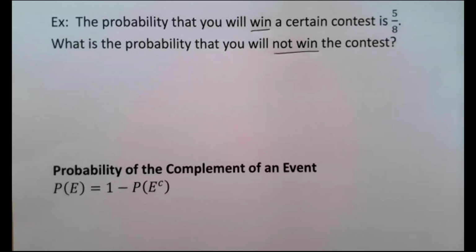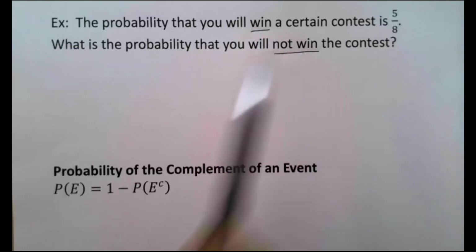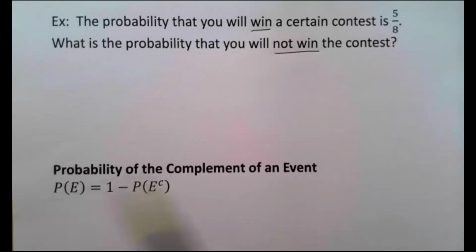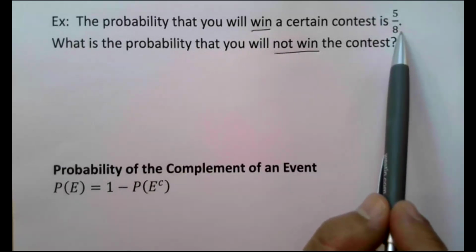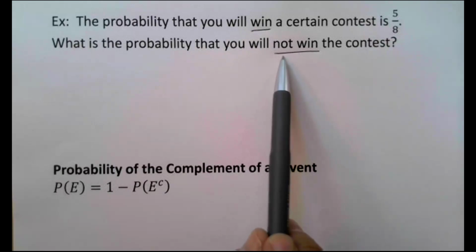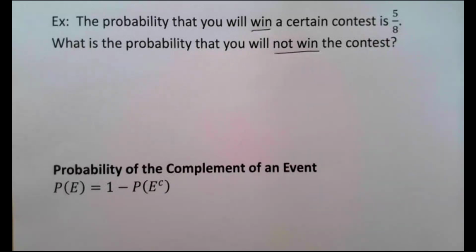I need to be careful because maybe there's some ties involved or something like that. But basically, we're thinking win versus not win. If you win 5 out of every 8 times, then you will not win the other 3 out of the 8 times. But this formula kind of gives that to you because winning and not winning are opposites of each other, right? They are complements of each other.